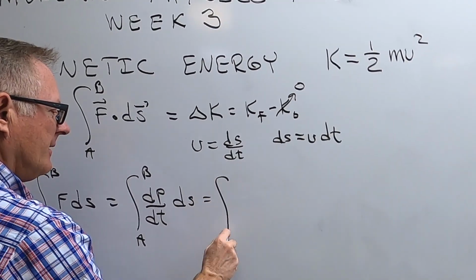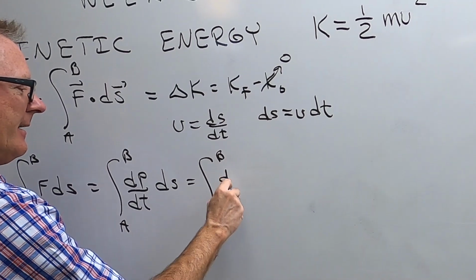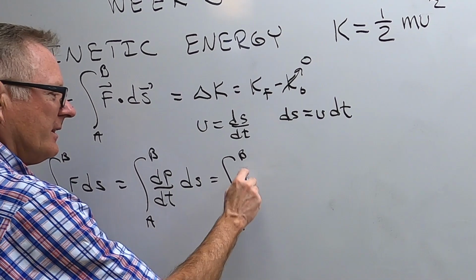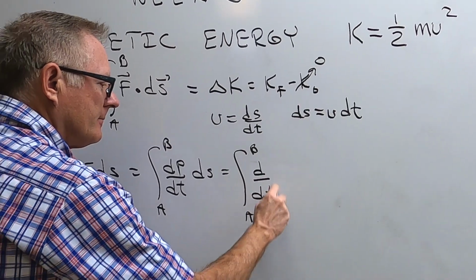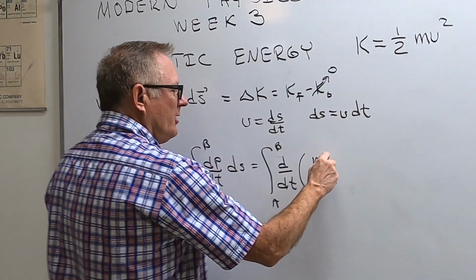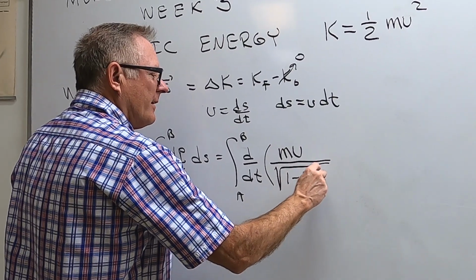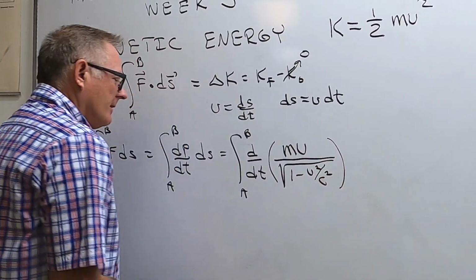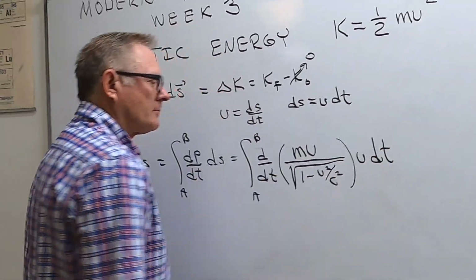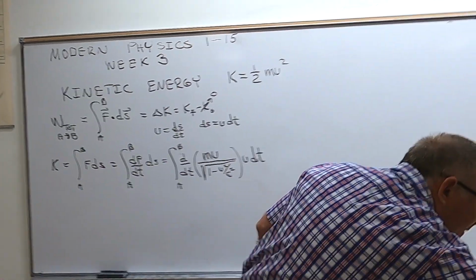So this is the integral from A to B of dp/dt. Well, actually, why don't we replace this with d/dt of, we'll plug in what momentum was right here. Momentum was mu all over the square root of 1 minus u squared over c squared. And then we have ds, which is u dt. Okay, well, we can cancel the two dt's.